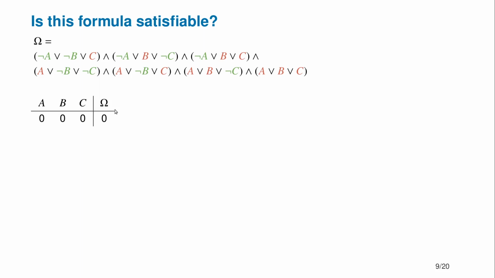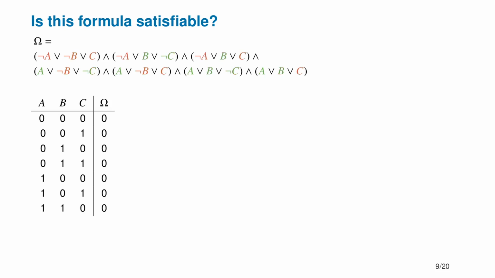Now we can try another assignment, and again we find a constraint. In this case it's A or B or not C, which evaluates to false under this assignment, and we continue. There are many assignments which are counter models, and just at the end, when we consider the assignment which sets all variables to true, we find an assignment that's indeed a model.